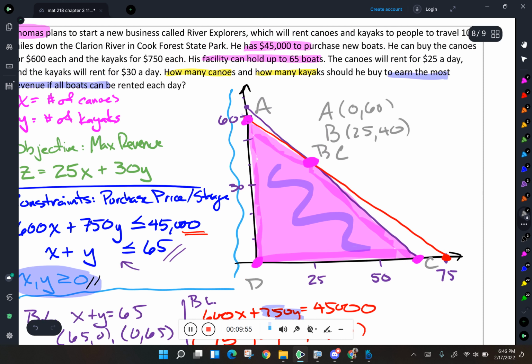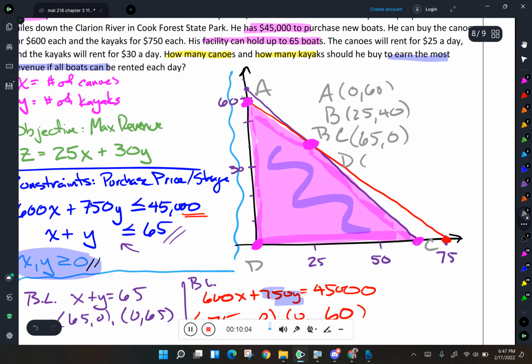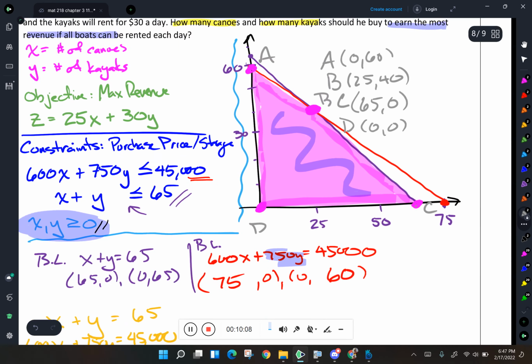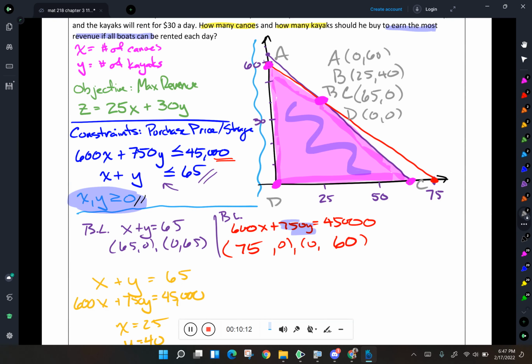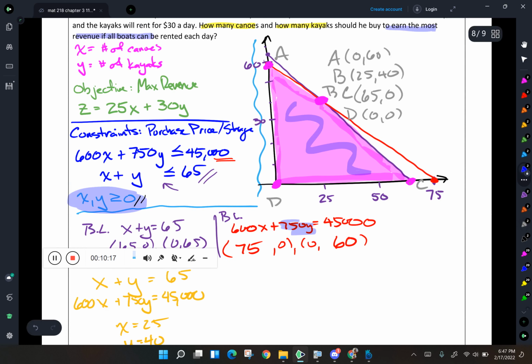C is the corner. Where'd that hit down there? Was that 65? 65, 0. And D is the corner 0, 0. So now we'll evaluate the objective function in each of these corners and decide which one does what we want it to do. In this case, maximizes our objective function.